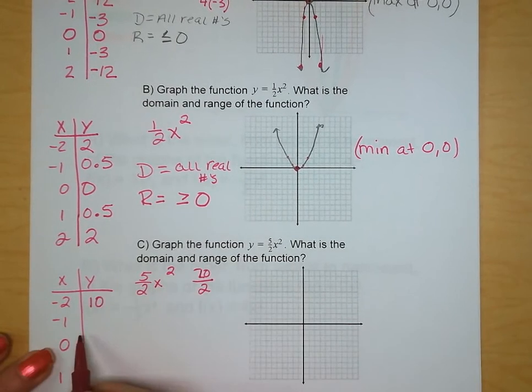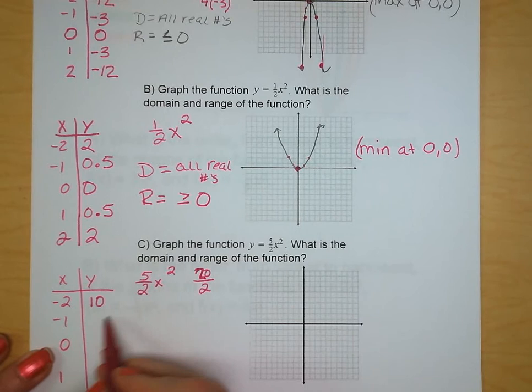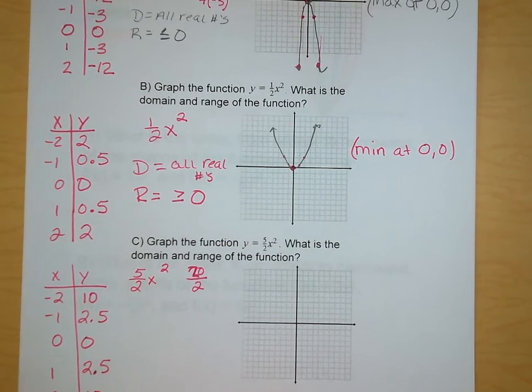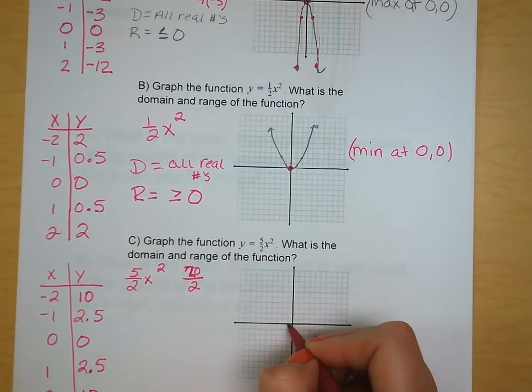All right, we've got -1 squared, which is 1, times 5/2 is 2.5, or 5/2 if you like the fraction. 0 is still 0. And we're going to use that symmetrical property, and we're just going to plug in 2.5 and 10 for 1 and 2.